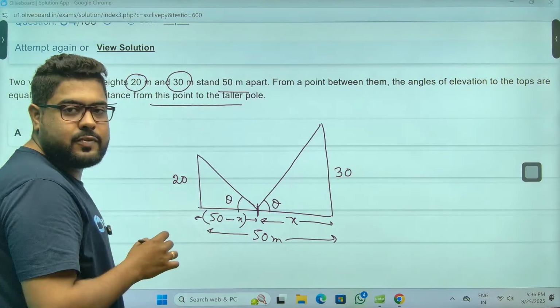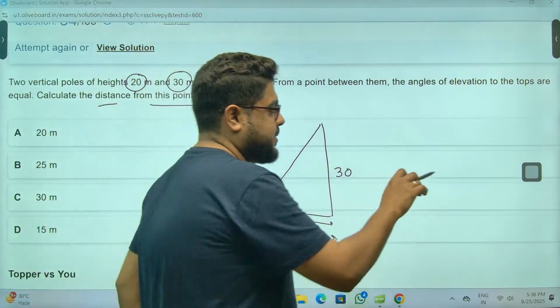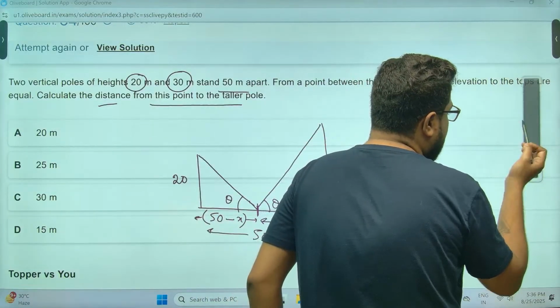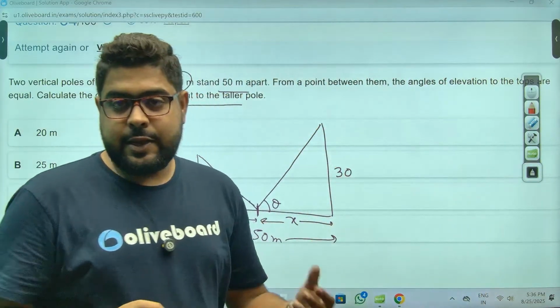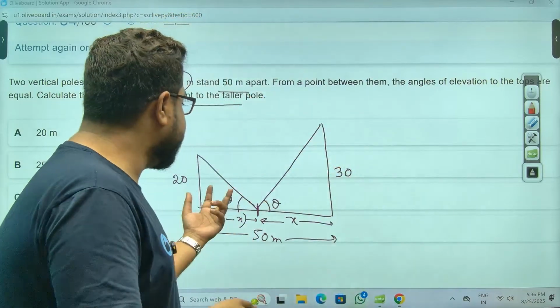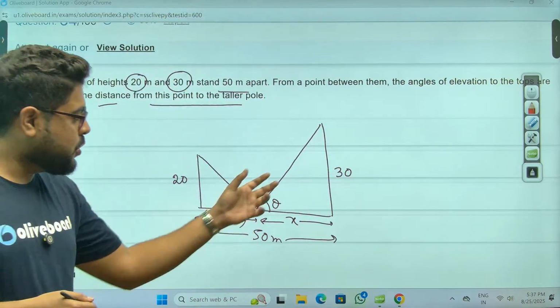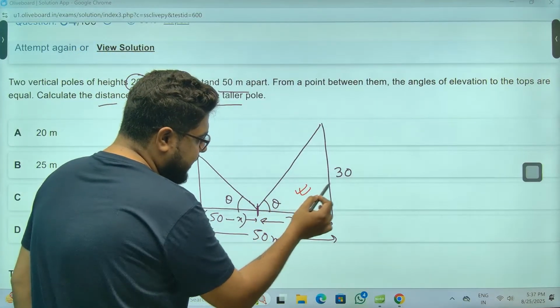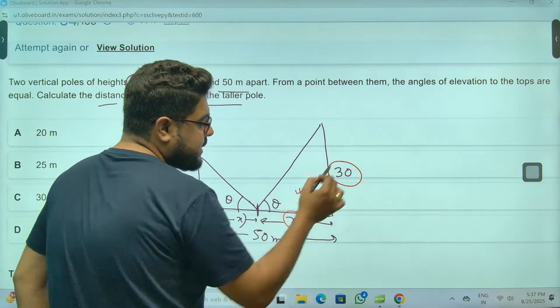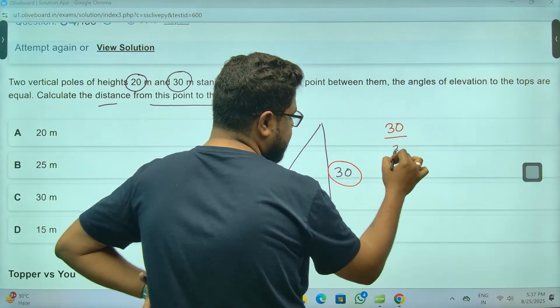Right? Now, how to equate? Sir, how to equate? Figure out the common variable here. You see, this is the art of problem solving. Theta is the common variable. So tan theta from this triangle will be height by base, 30 by x.